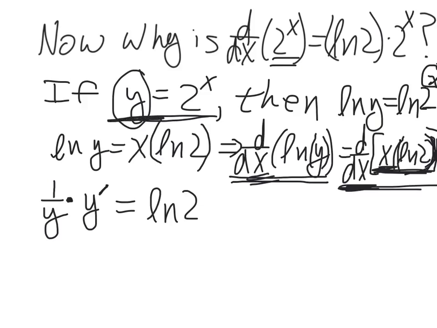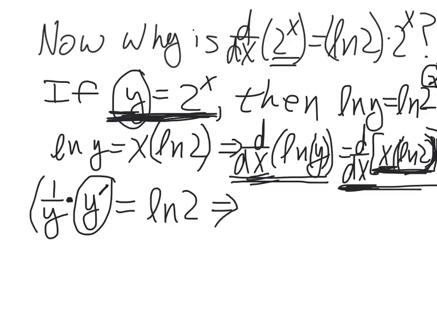Well, we said we want to find the derivative of this function here. Well, that's saying in this notation, what is the derivative of y? What is y primed? So we need to solve this equation for y primed, and that's going to be our answer.